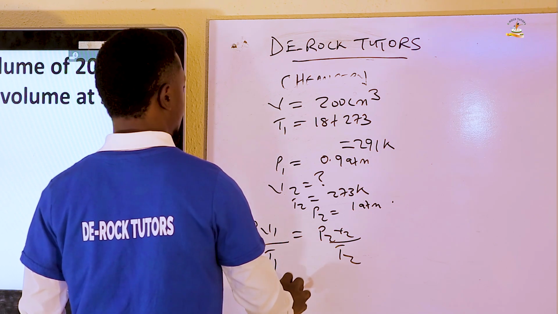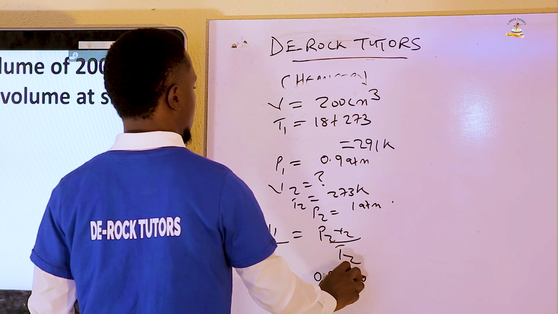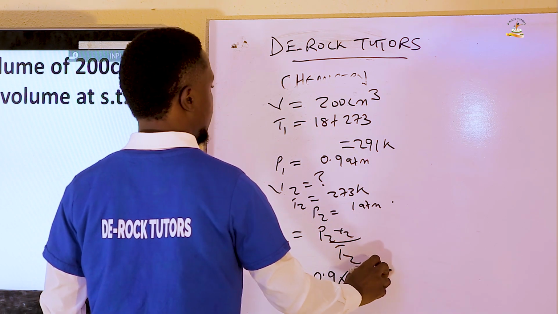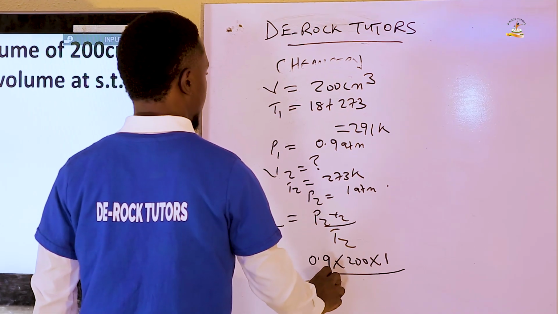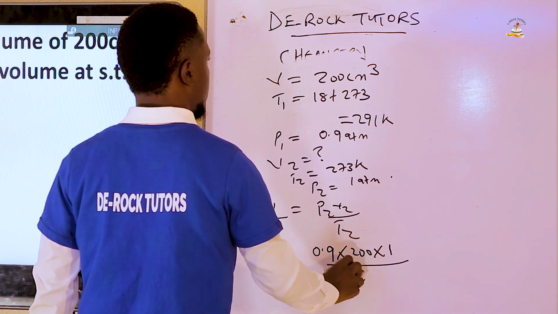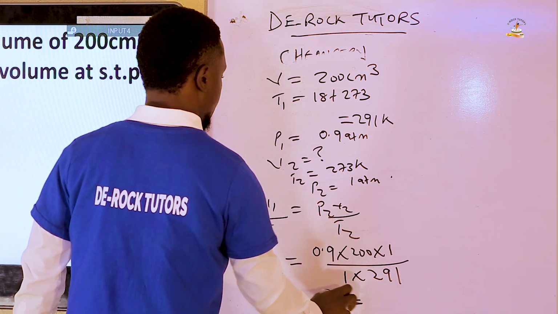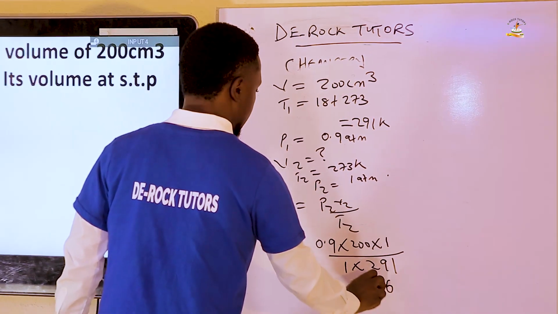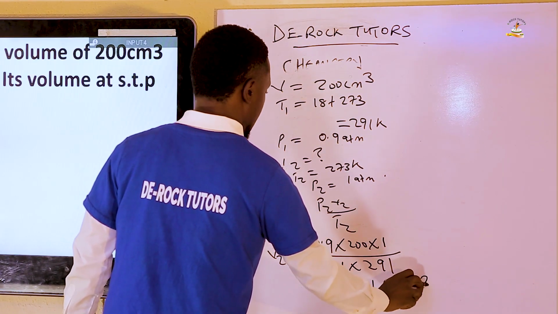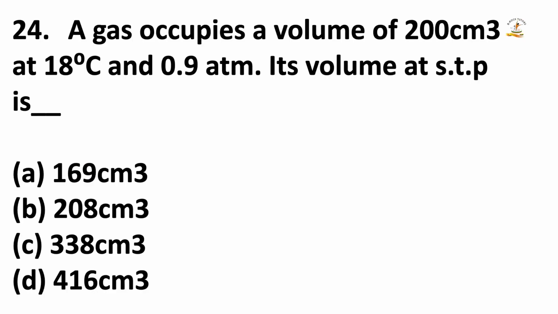The volume would be 0.9 times 200 times 273 divided by 1 times 291. So if you solve this, the answer would be 169 cm cube. That is option A, 169 cm cube.